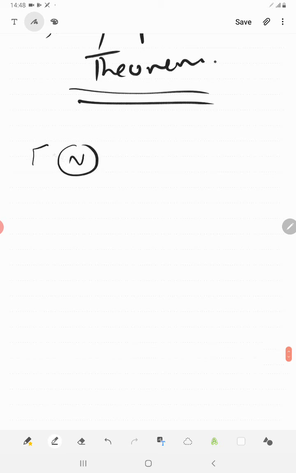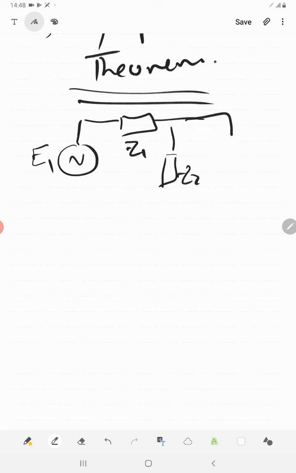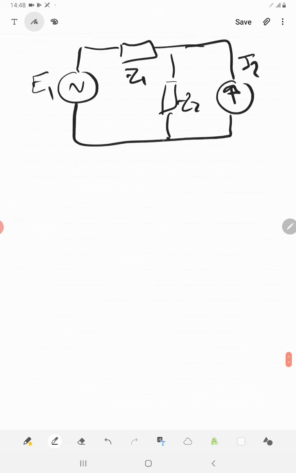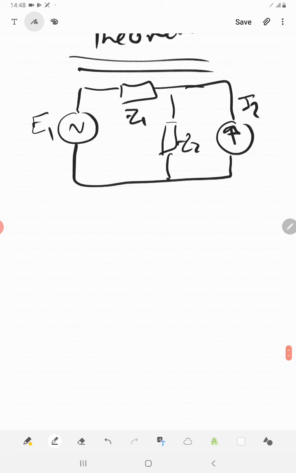For example, here you have E1, and here probably Z1, and then here you have Z2, and you may have here an I1 current source. Then we have how many sources? We have two sources: a voltage source E1 and a current source I1.